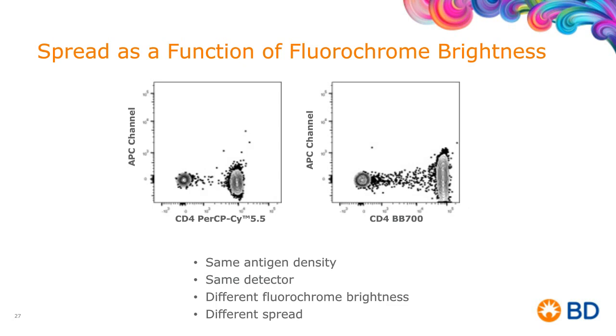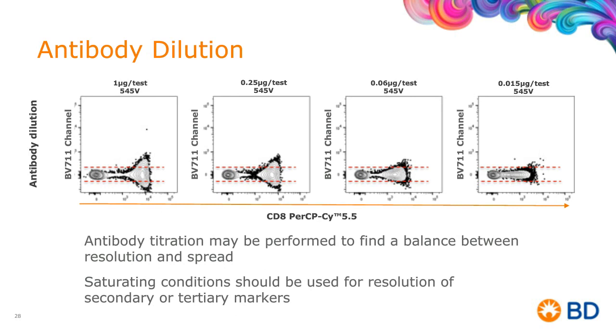Now, antibody dilution is another thing that we look at. So from here, we use a saturating concentration at about 1 microgram per test at a constant voltage in a conventional flow cytometer, and then dilute that down. And you can see that there is an impact on spread. But there's also an impact on resolution. So choosing the right one in there is just an example of how we might use that specific color and concentration.